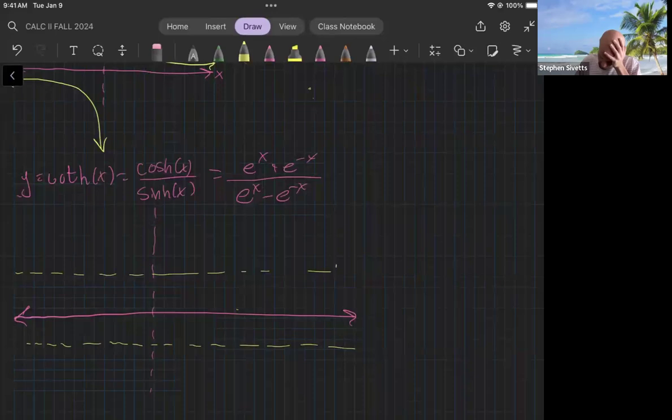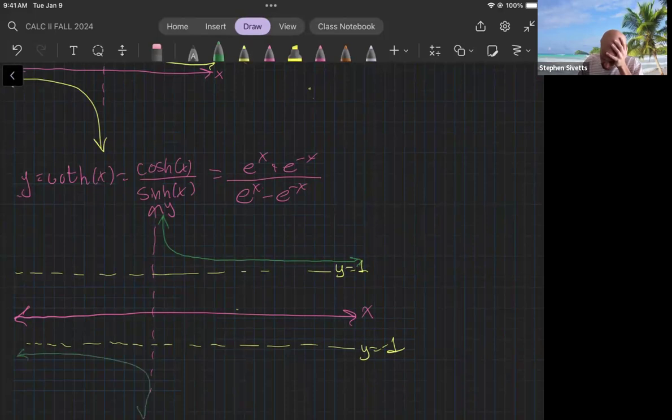So we'll have asymptotes here at y equals 1 and y equals negative 1. This is x and the y-axis here. And our graph will look like this. Oops, let me draw that again. All right.